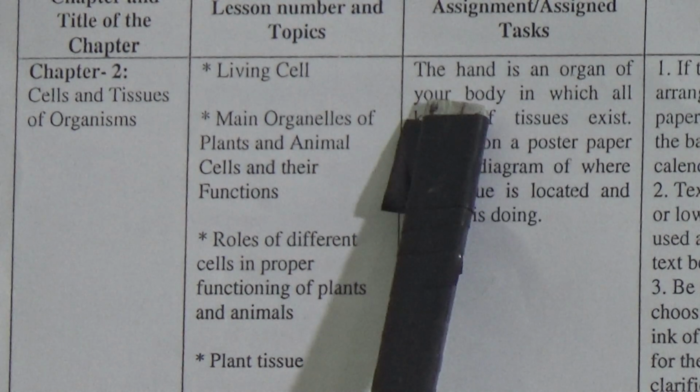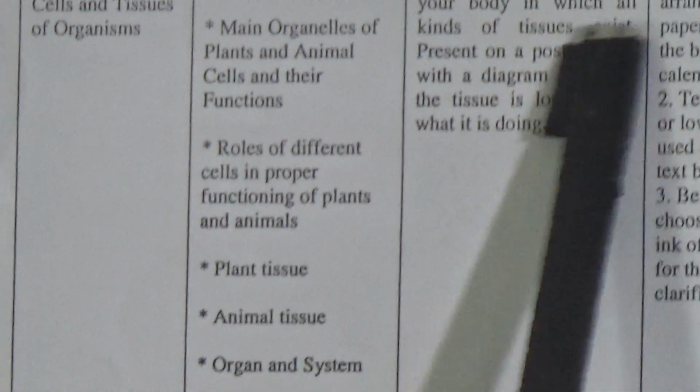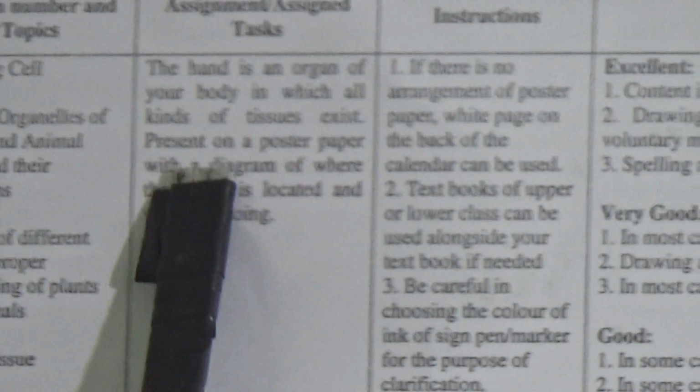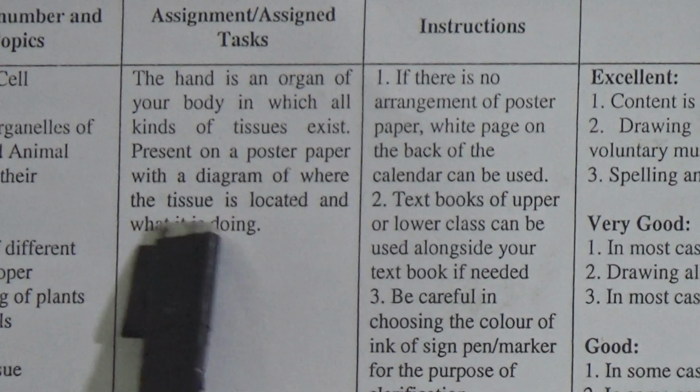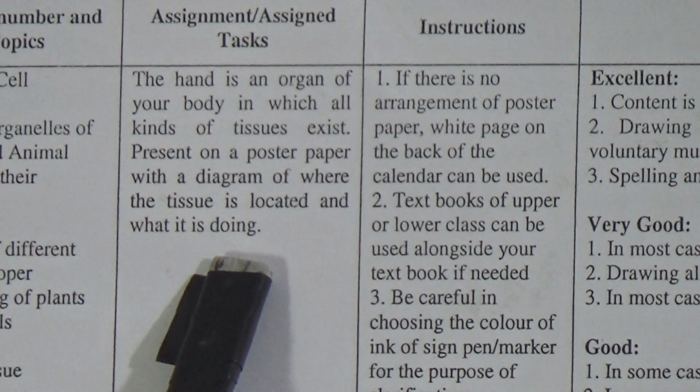That means the hand is an organ of your body in which all kinds of tissues exist. Present on a poster paper with a diagram of where the tissues are located and what they are doing.